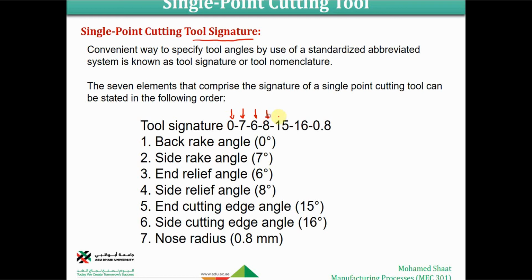For example, this tool has a back rake angle or front rake angle of 0. This one has a side rake angle of 7 and 6 degrees as end relief angle, side relief angle, end cutting angle, and so on. So these numbers indicate the angles, in addition to the nose radius, which is the last number here.